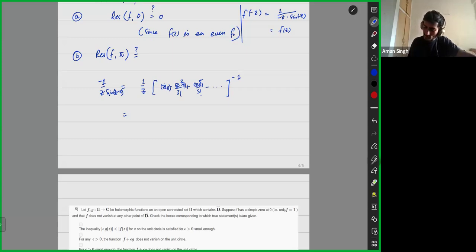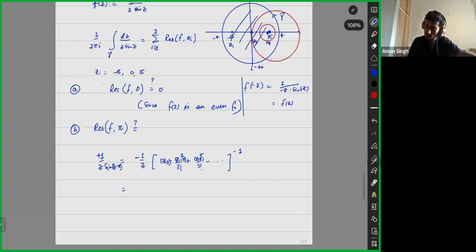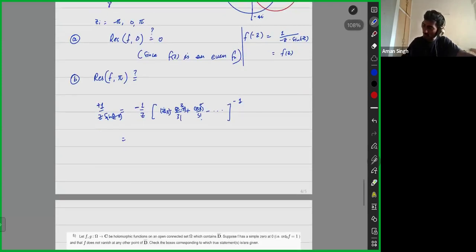So here you make plus, you can make minus this way. Minus you have to take here, sorry, a mistake. This is 1 by z sine z. We are writing it in some other fashion so that we can calculate its residue.